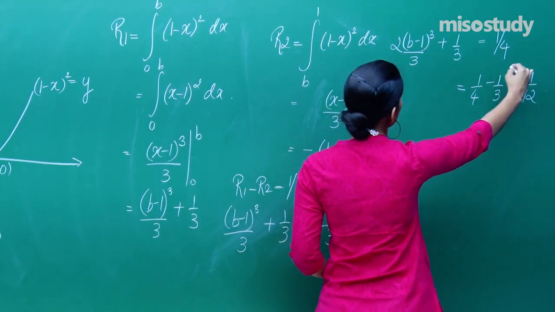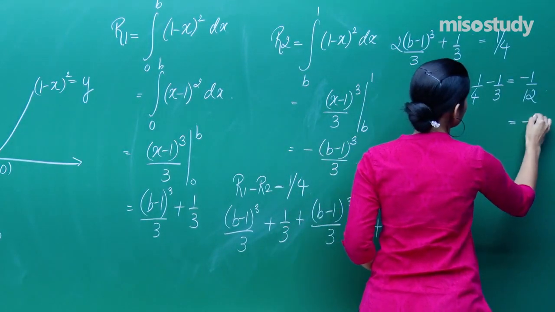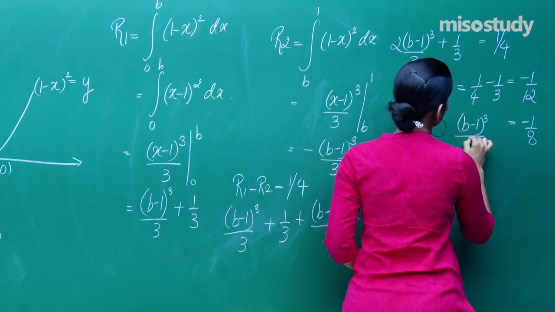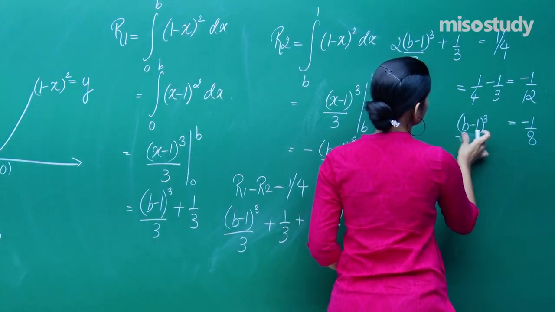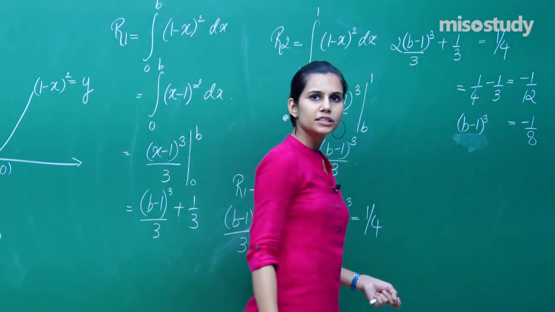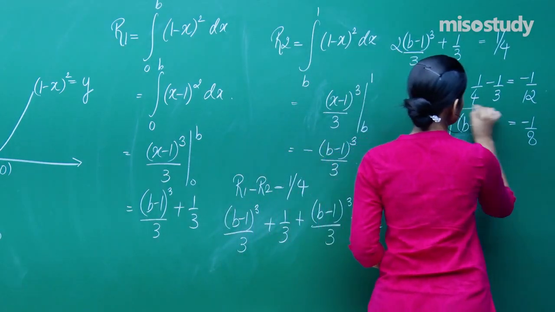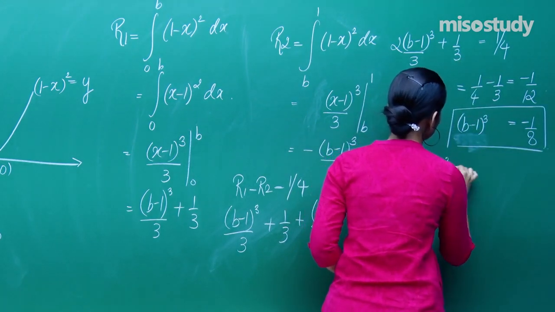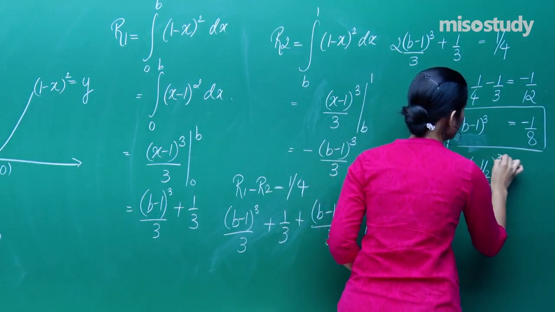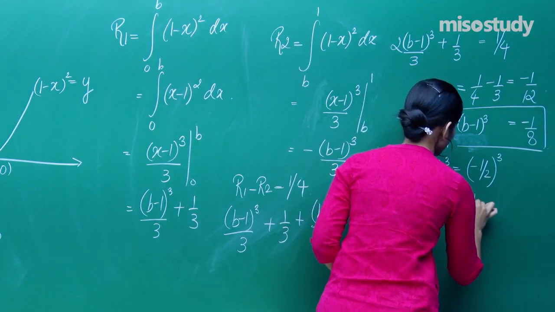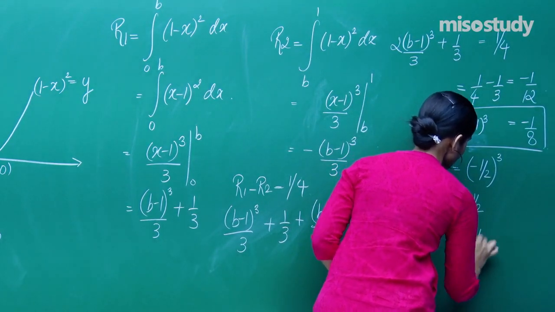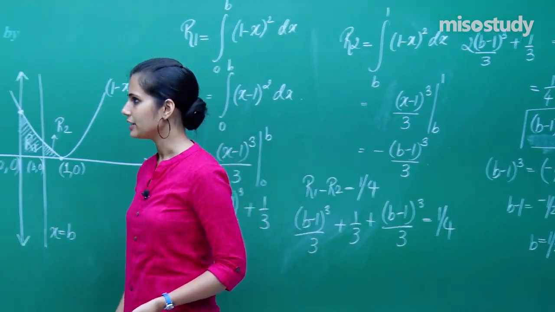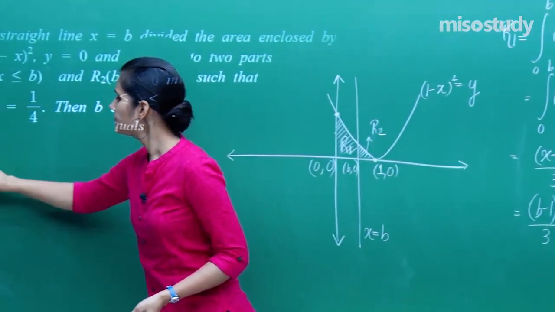Then you get minus 1 by 8 to be equal to b minus 1 cube, since I've taken 3 that side and 2 in the denominator already. So you have b minus 1 cube is minus 1 by 2 cube. So b minus 1 is minus 1 by 2. b is minus 1 by 2 plus 1, which means b is 1 by 2, and that is your answer.